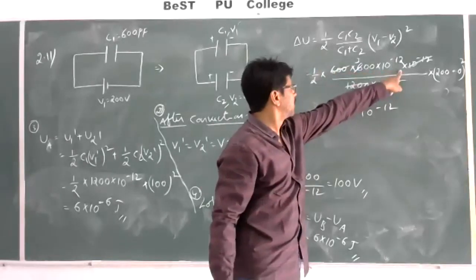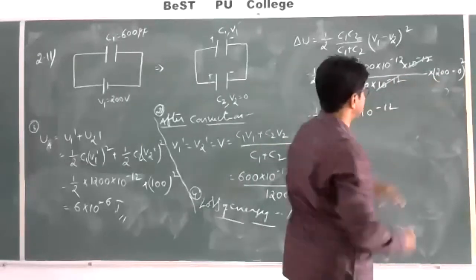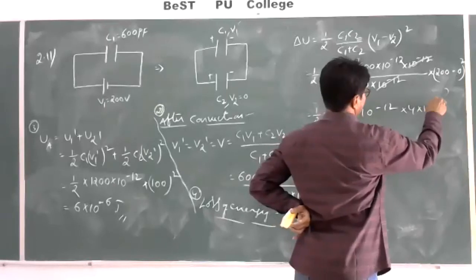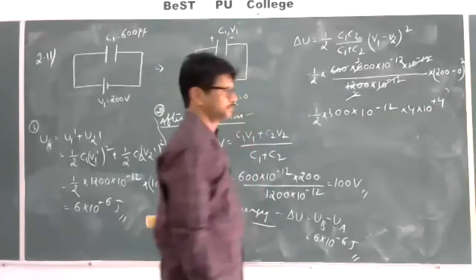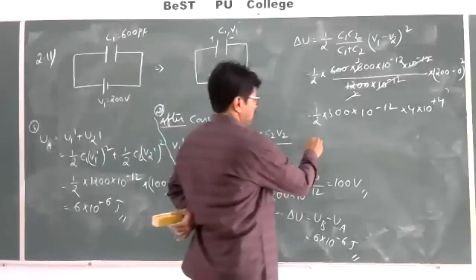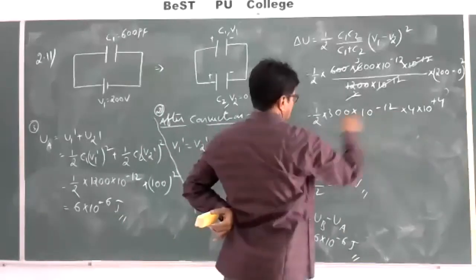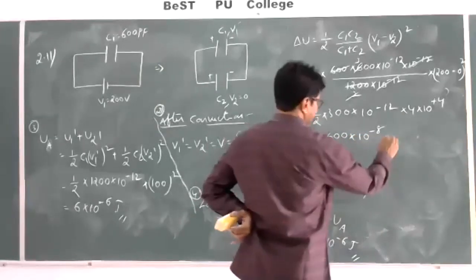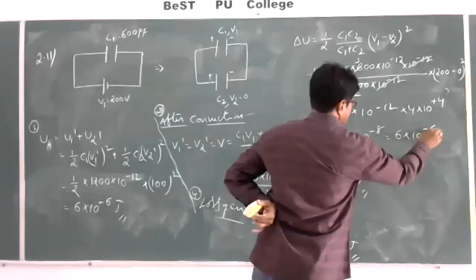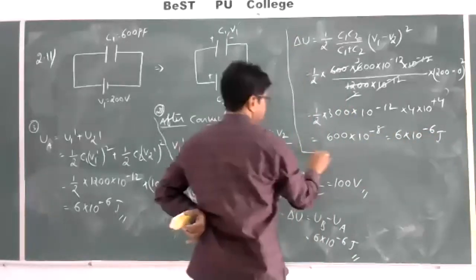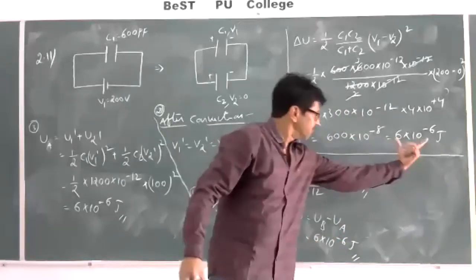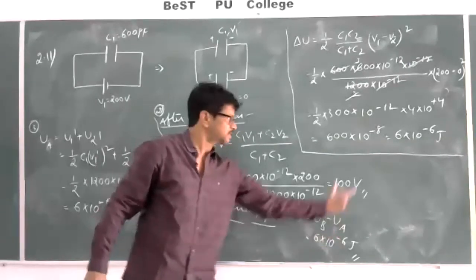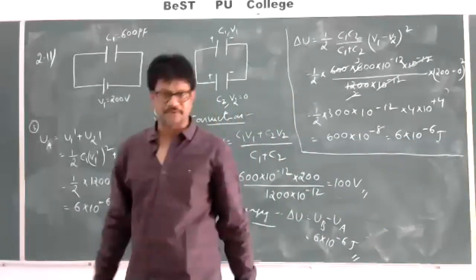Here 200 whole square is 4 into 10 to the power of plus 4, which is equal to 6 into 10 to the power of minus 6 joules. The same final answer we got here also, 6 into 10 to the power of minus 6.